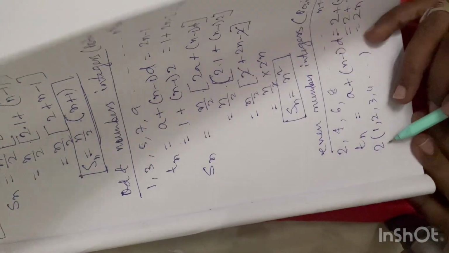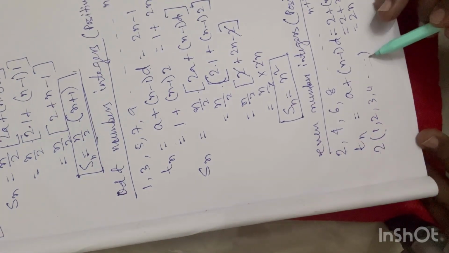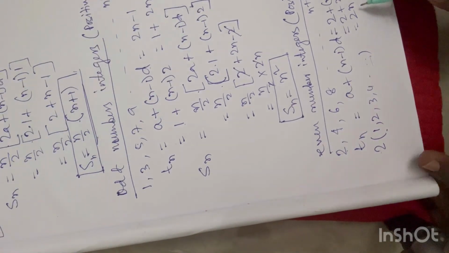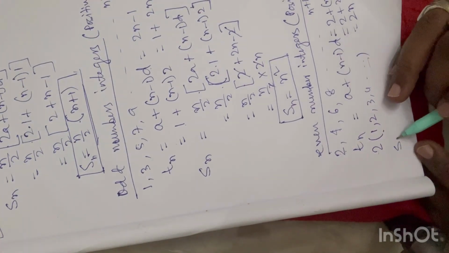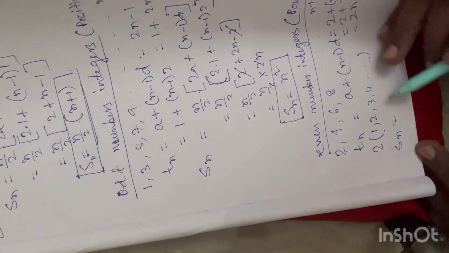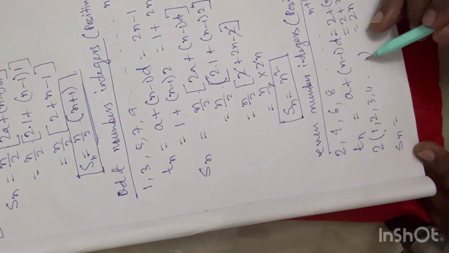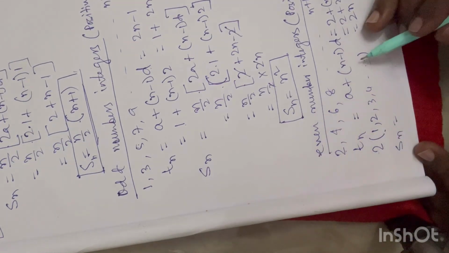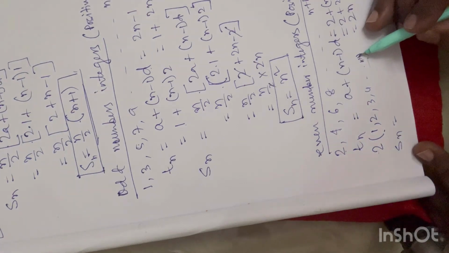If I take 2 common, this is nothing but the natural series. By this symmetry we can say the number of terms will not be changed, because if it is extended up to the nth term, after taking 2 common, this also has to be up to the nth term.